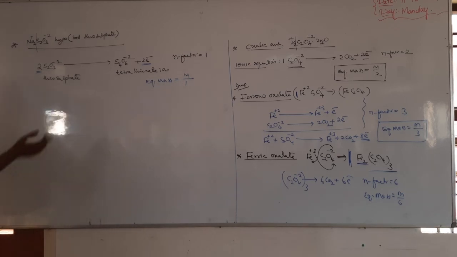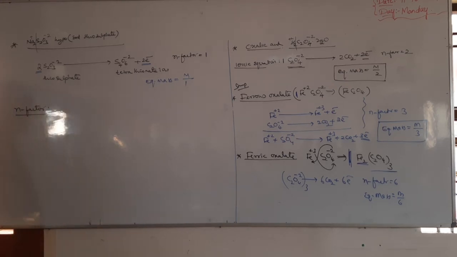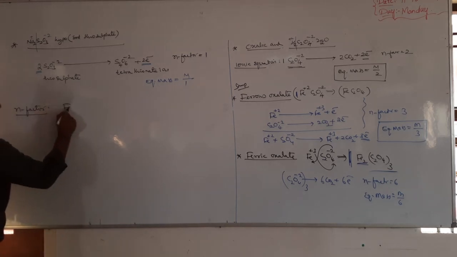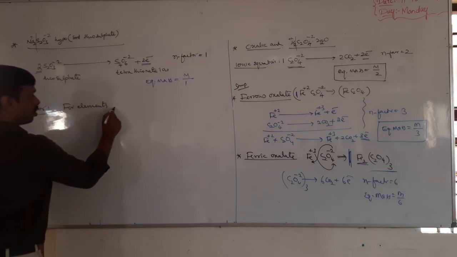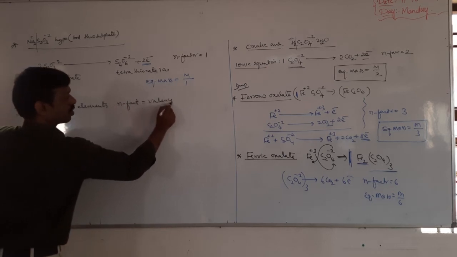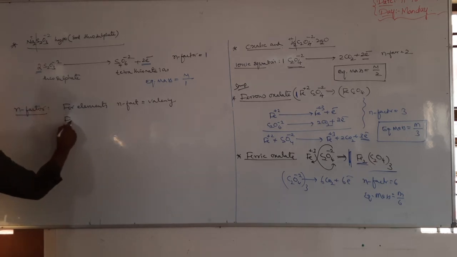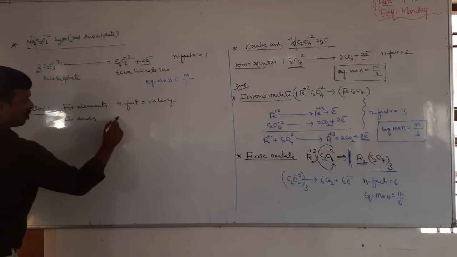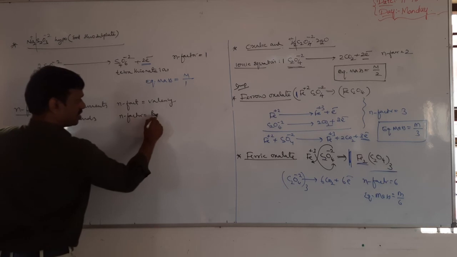Right? Now, what is n factor? N factor for an element equals what? Valency. Right? Next, for acids, n factor equals basicity.